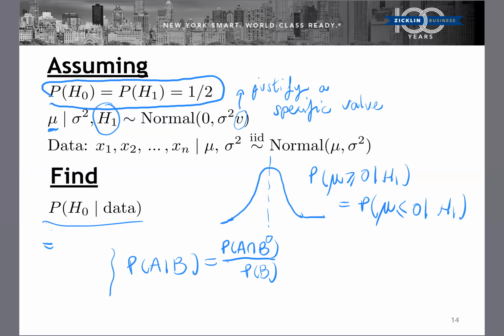But this we can break up further, right? How can I write the thing on the top? Probability of B given A times the probability of A. Right, so you could do probability of A times probability of B given A. Great, thank you.